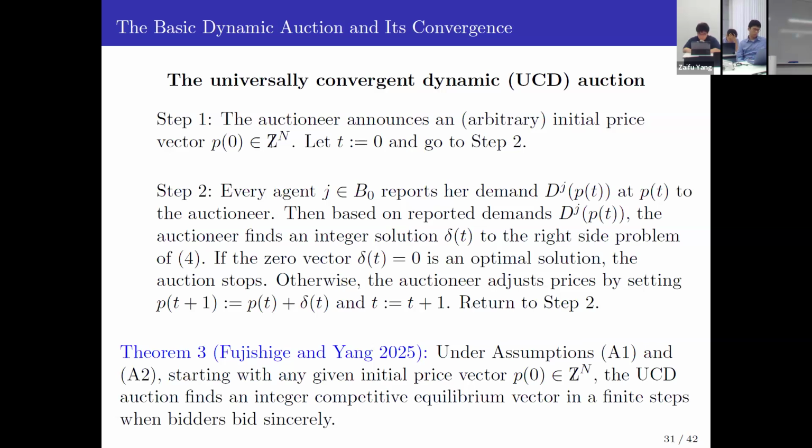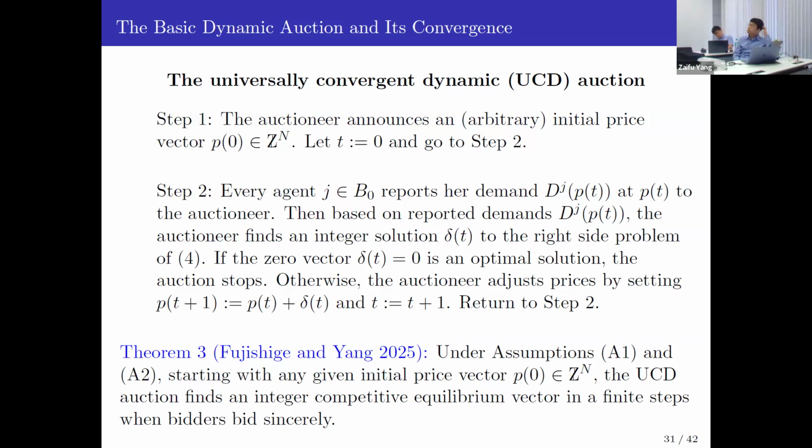So the auction is very easy to describe. Initially, the auctioneer just announces any integer price vector P0, and then asks everyone to report his demand set, and after collecting this information, the auctioneer just solves the optimization problem, the previous slide's Formula 4.